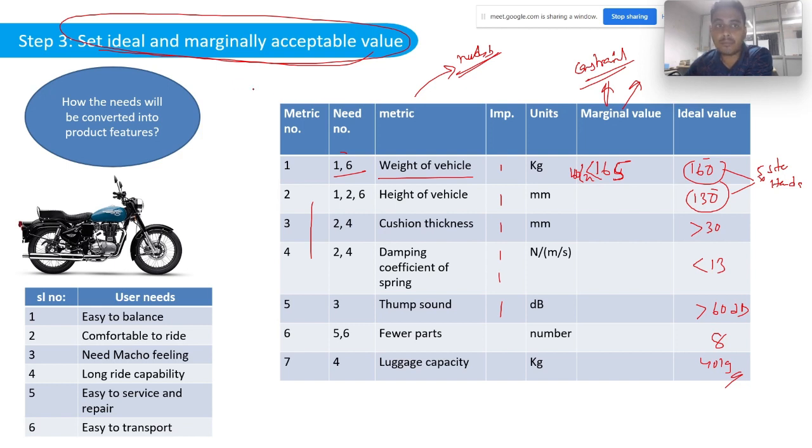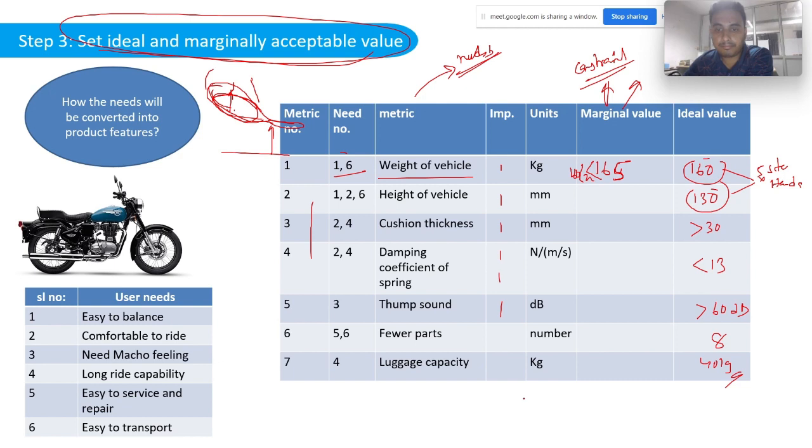For example, the new style of the bike needs a very small seat height. Now, in order to increase the seat height, you cannot make the tank height a bit taller. Probably, in order to accommodate both, you need to reduce the fuel capacity. So all these adjustments you need to do.